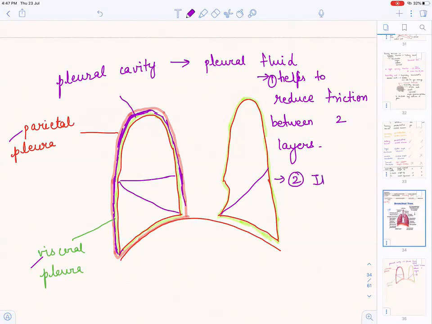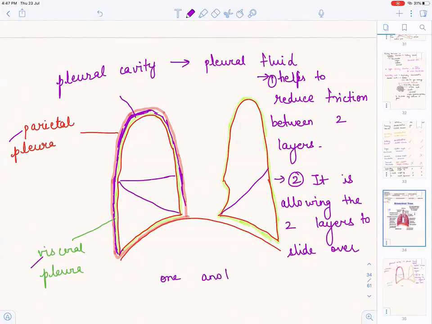It is allowing the two layers to slide over one another, due to surface tension, right?